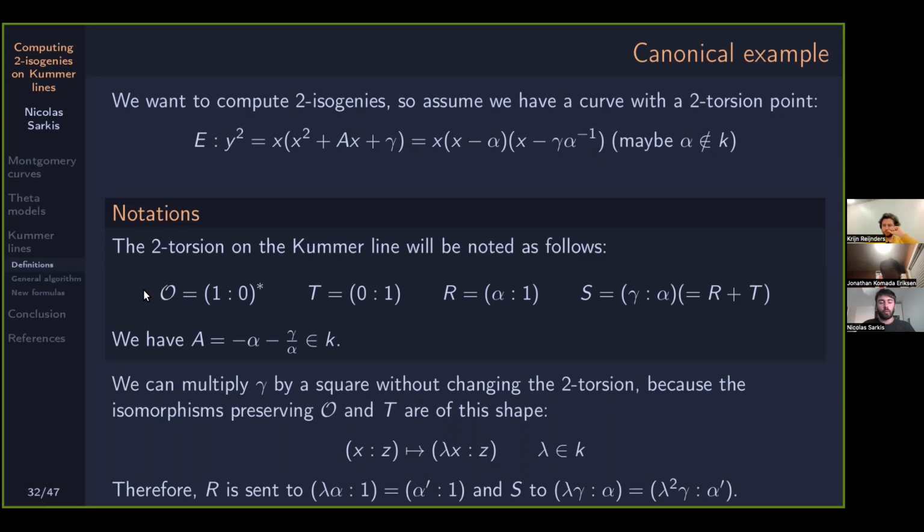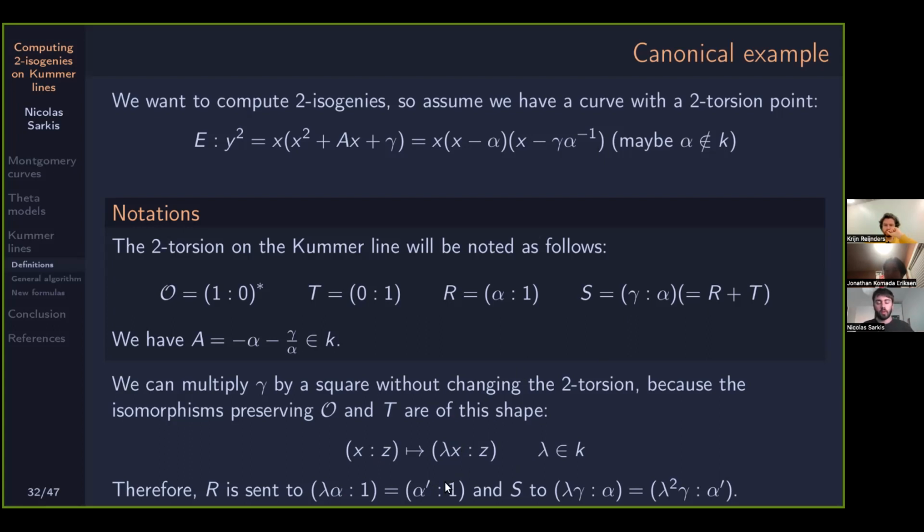When you have a model with O, T, R, and S, if you multiply gamma by a square, you still get the same two torsion. You're still on the same Kummer line, because multiplying gamma by a square corresponds to the isomorphism where I send xz to lambda xz, and this preserves the origin, O is sent to O, T is sent to T, and then you just have a new alpha.